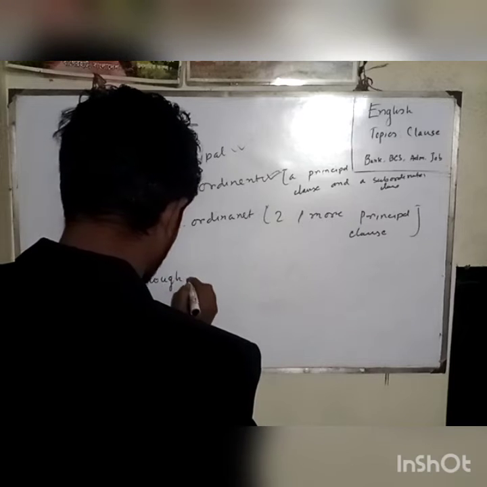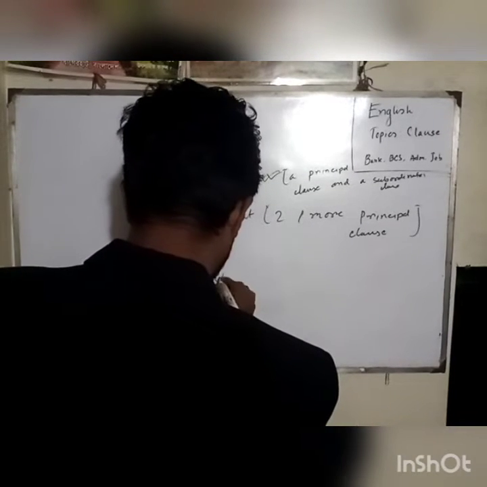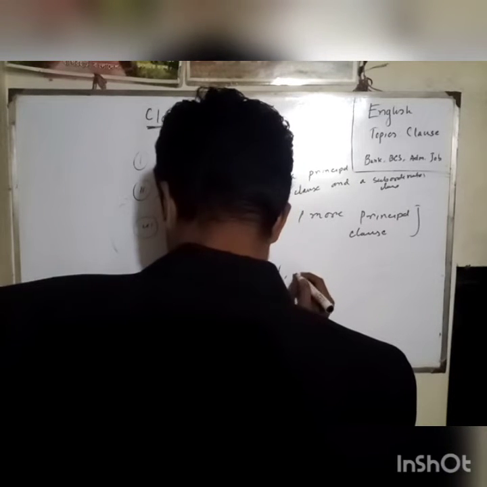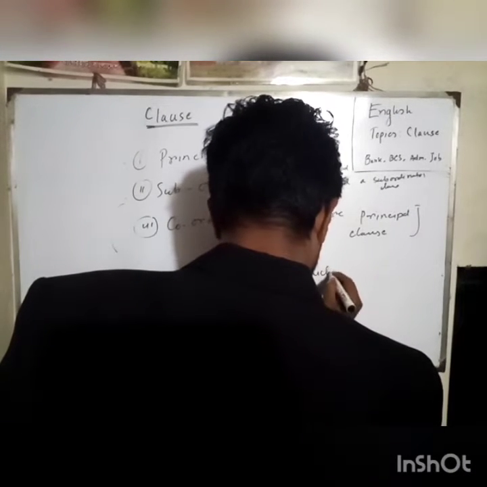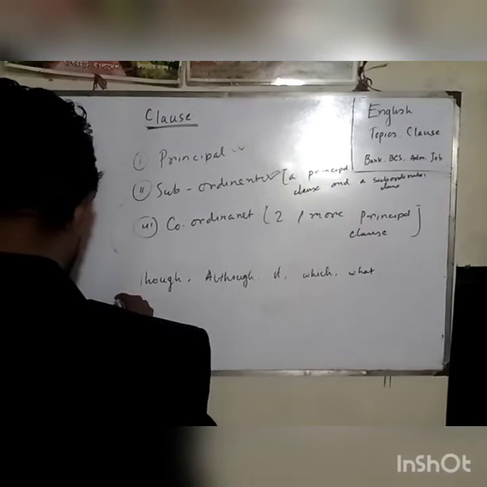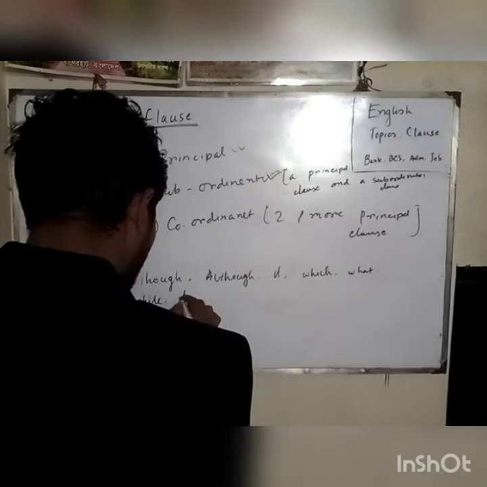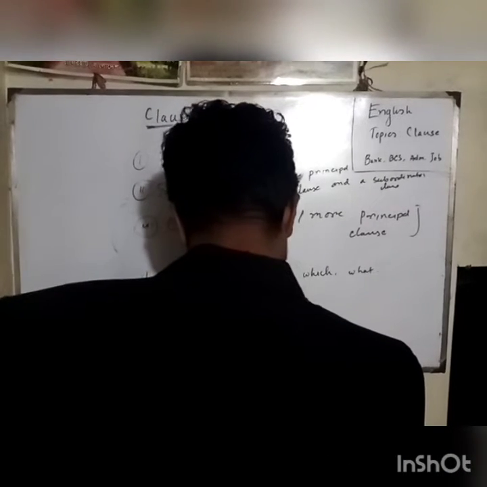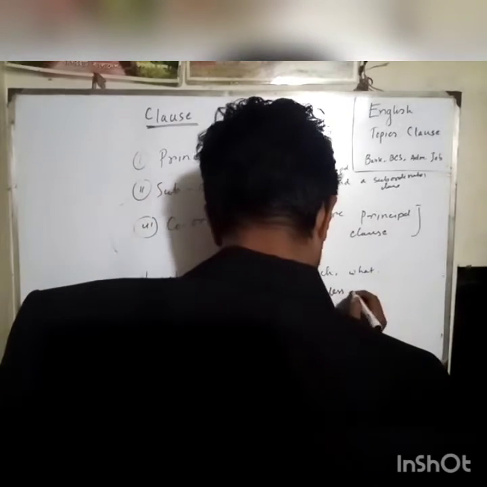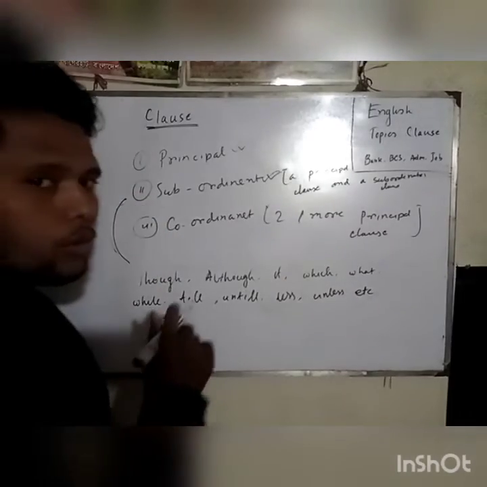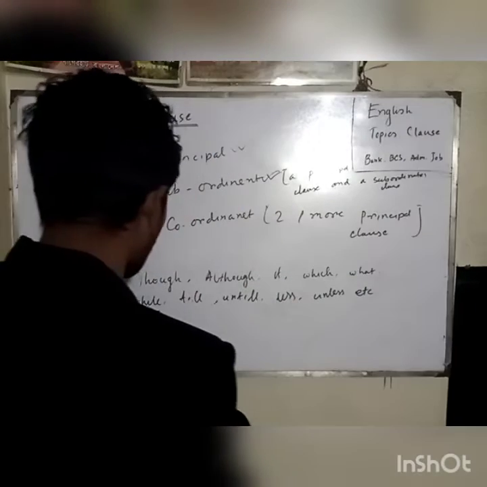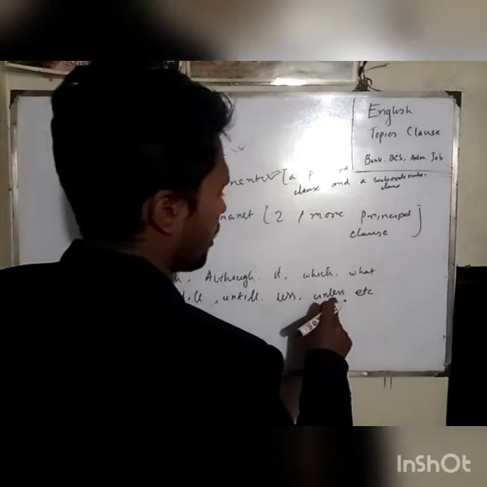A subordinate clause generally consists of though, although, if, which, how, while, till, until, less, unless, etc. We will always look at the sentences that consist of these words.